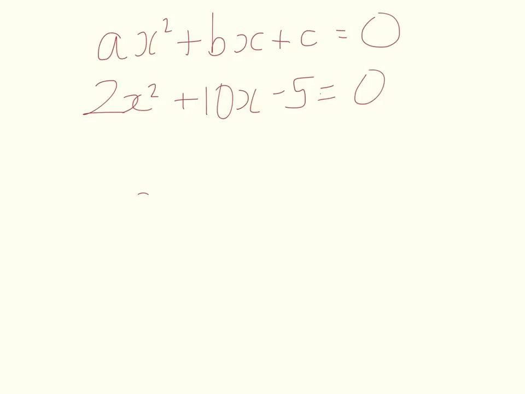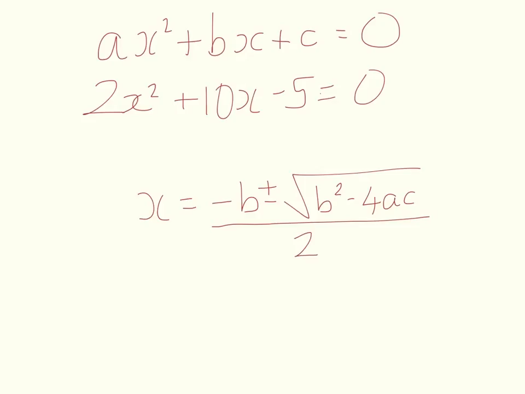And the quadratic formula is x equals minus b plus or minus the square root of b squared minus 4ac divided by 2a. So when the question says solve this quadratic equation to a certain number of decimal places or significant figures, we must use this formula.